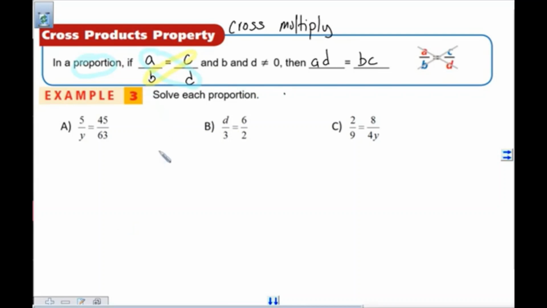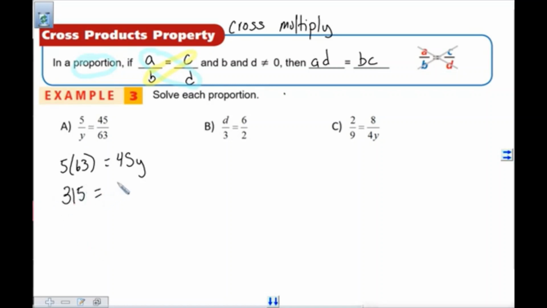So that's what we're going to do on our next problem. 5 times 63 equals 45 times y. And 5 times 63 is 315.